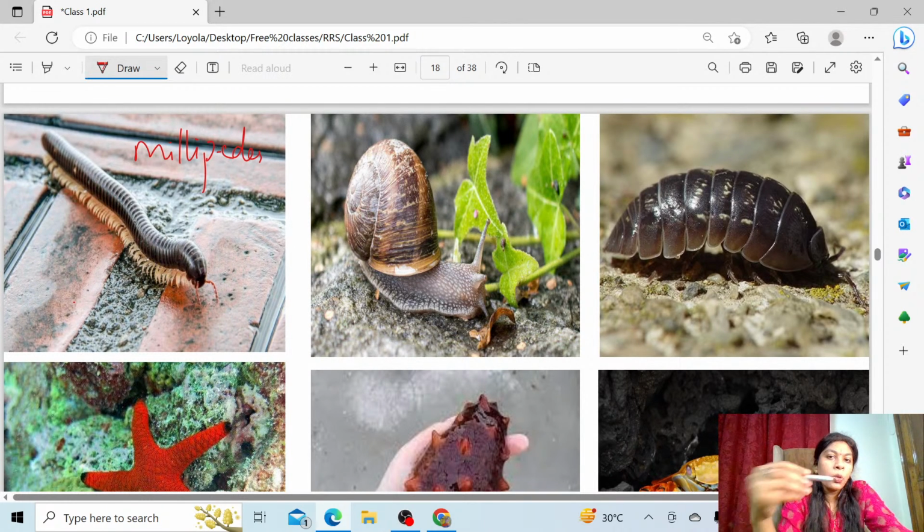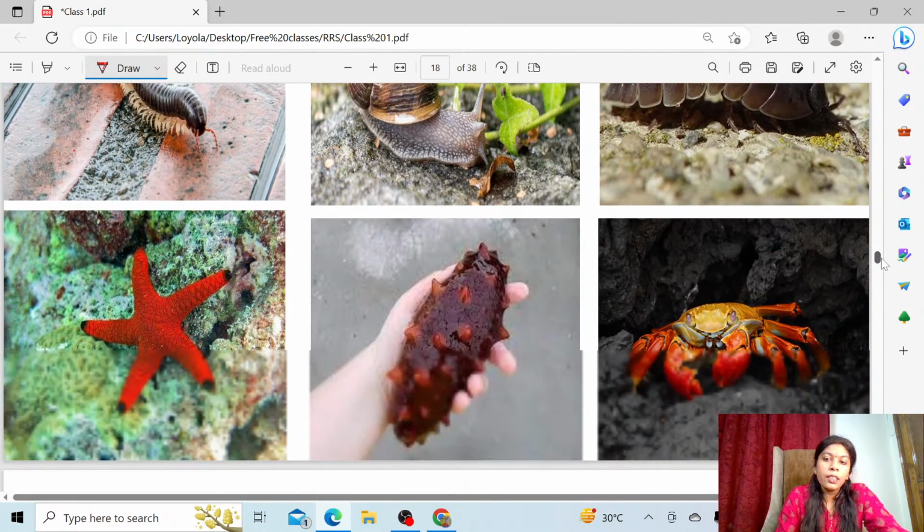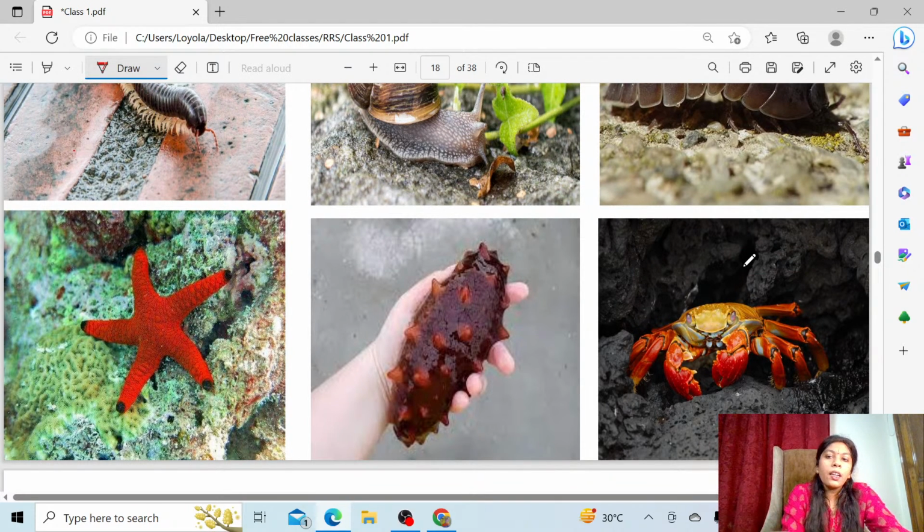Same way mollusks, like the snail. A snail is a mollusk, and they feed on detritus matter. And this is a woodlouse, or woodlice we say. They are also detritivores. They feed on dead organic matter. These all live on land. Same way, the earthworm also feeds on dead organic matter.